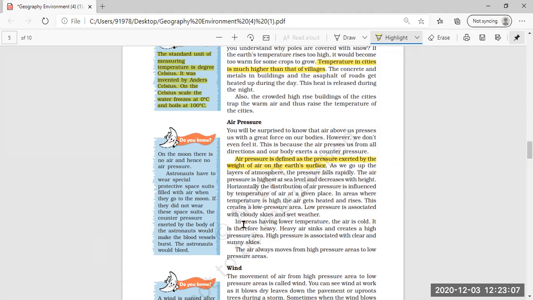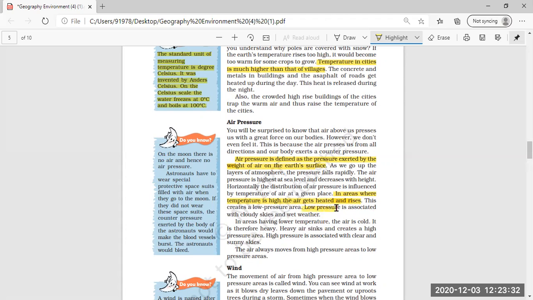In areas where the temperature is high, the air gets heated and rises, and this creates a low pressure area. Low pressure is associated with cloudy skies and wet weather.